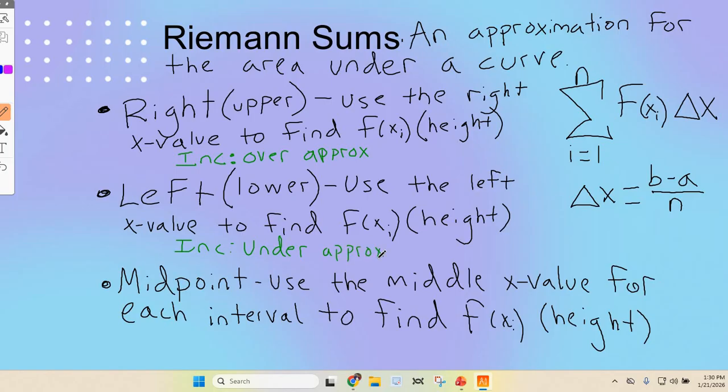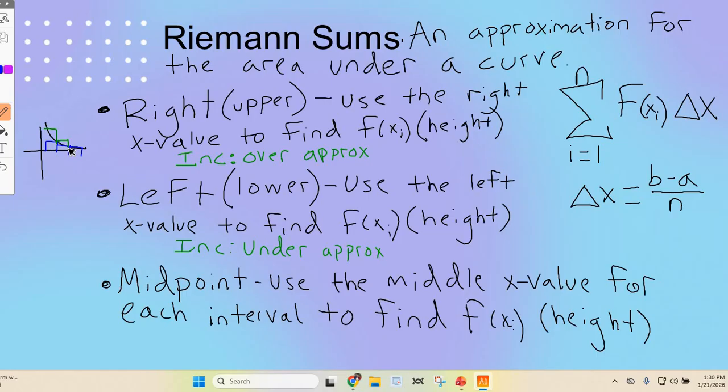And the reason why I specify that it was increasing is because think about if it was decreasing, yes? Or in other words, if our graph was flipped, notice that our rights would be under approximations and our lefts would be over approximations.